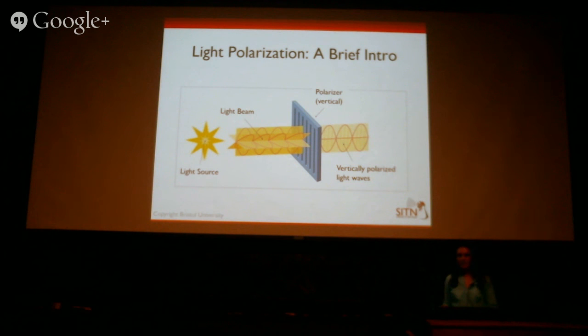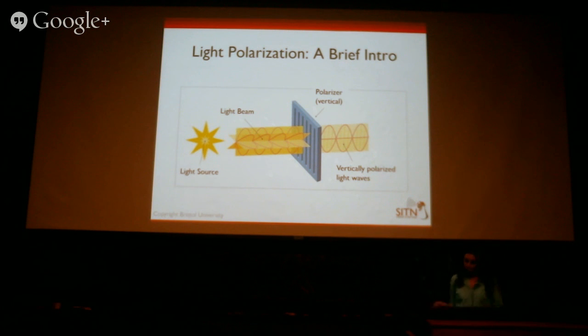The analogy is, let's say you're holding a rope and your rope extends through a picket fence. There are vertical holes in the fence, and you shake the rope in all directions. If you shake the rope up and down, there's no problem at all. The wave can continue to pass through because it can go up and down along the slit. But if you shake the wave side to side, the slit stops the wave from going through, so you can't get any of those side to side vibrations on this side of your fence.